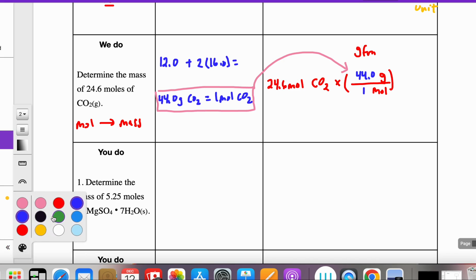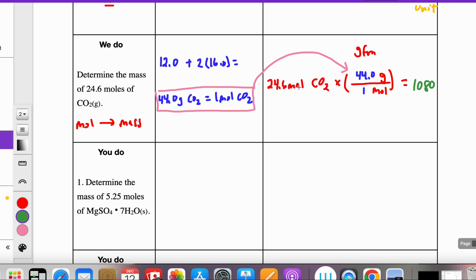So in my calculator, I multiplied the 24.6 times 44.0, and the product is divided by 1. And as a result, I would record this value as 1080. I have to do the same math with the units.